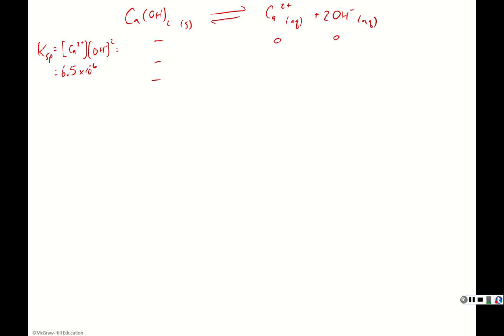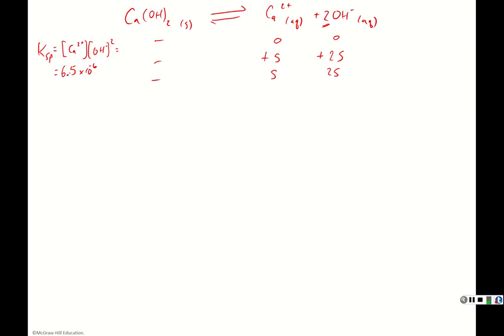Well, usually we have been using X as the variable, but the book likes using S as the variable for solubility. You can still use X if you prefer, but we get plus S for calcium and plus 2S for hydroxide, because of this 2, right? There's going to be twice as much OH- produced when this dissolves as there are calciums. Okay, so at equilibrium, this would be S and this would be 2S.